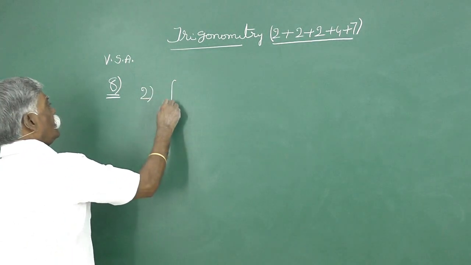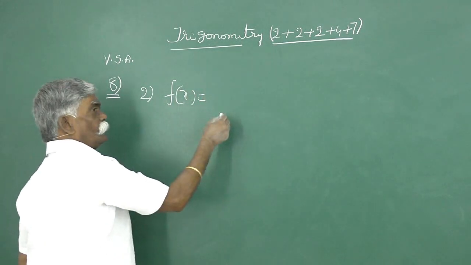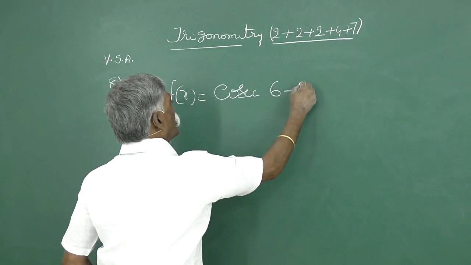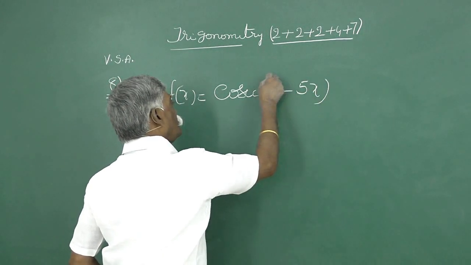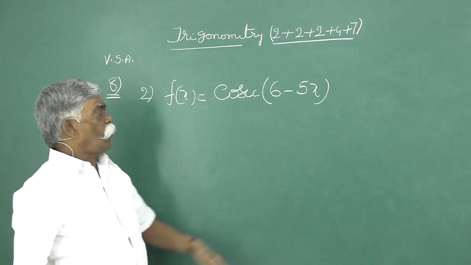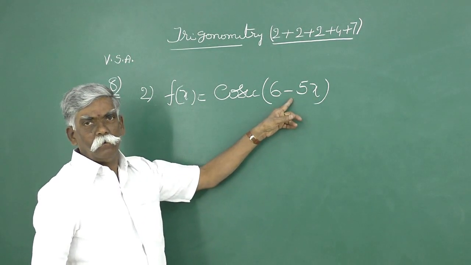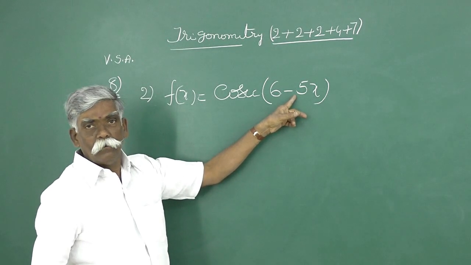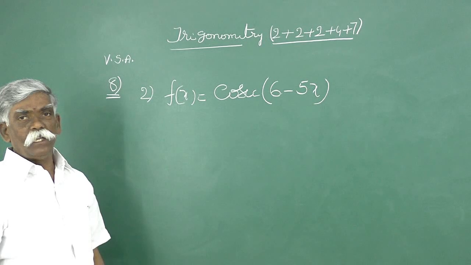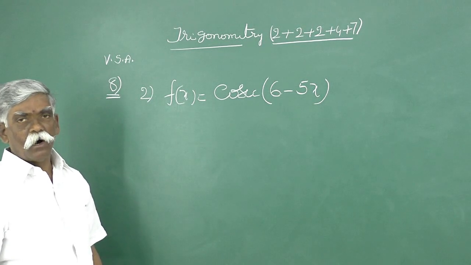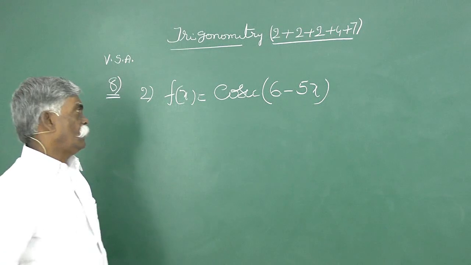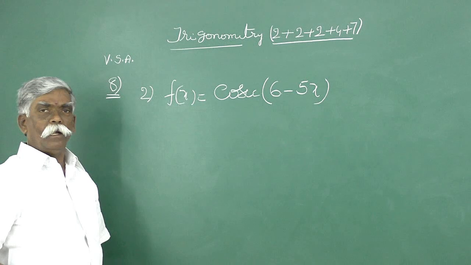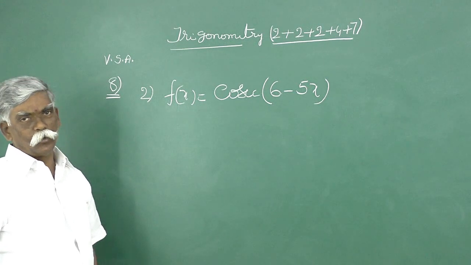Second one, f of x is equal to cosecant 6 minus 5x. The coefficient of x is minus 5 and the absolute value of the coefficient of x is 5. We want only the absolute value of the coefficient of x, and the period for sine is 2 pi and the period of cosecant is also 2 pi.